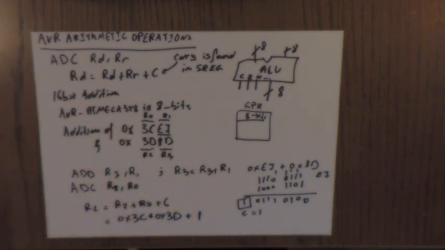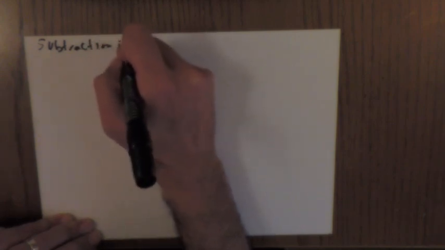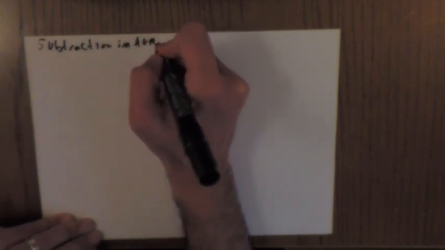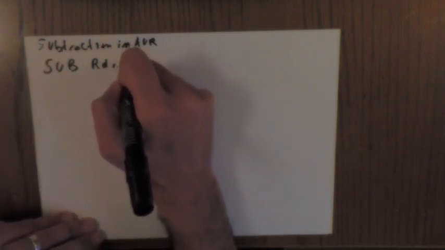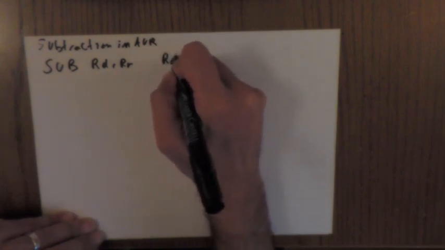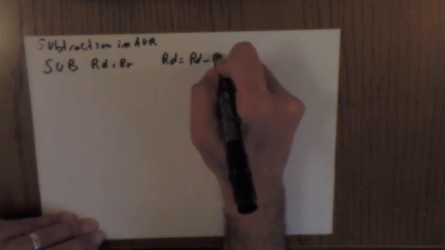Now, let's take a different case, the sub instructions. When we do subtraction in AVR, we have several instructions. We have SUB Rd, Rr, which does Rd equals Rd minus Rr.